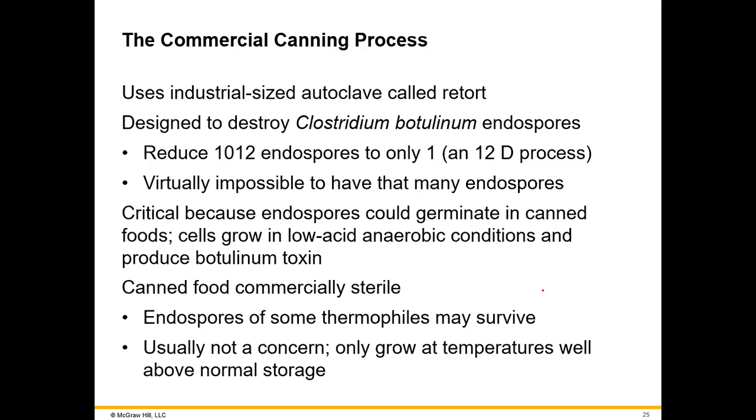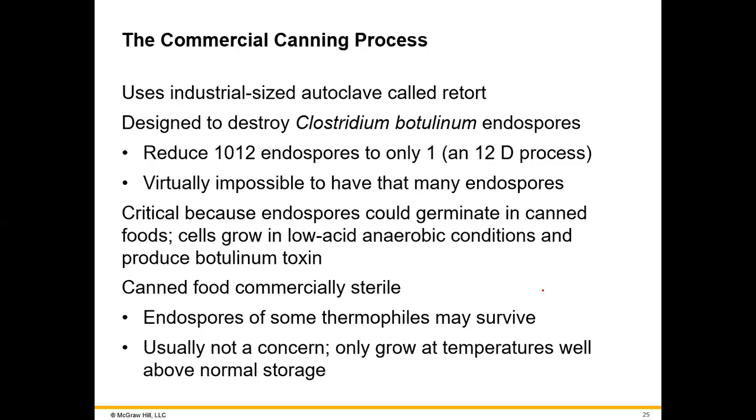This is critical because endospores can germinate in the canned food after the temperature of the cans is cooled. And of course, they're stored on the store shelf for extended periods of time, which could allow the endospore to germinate.